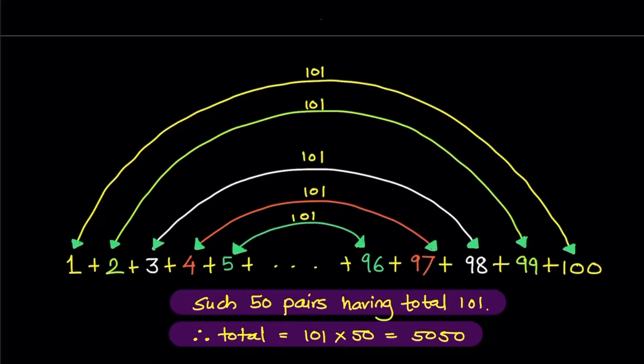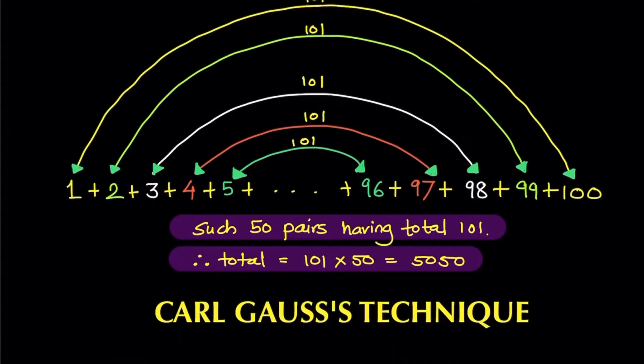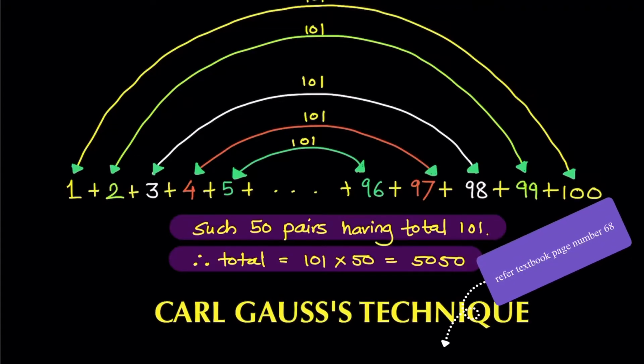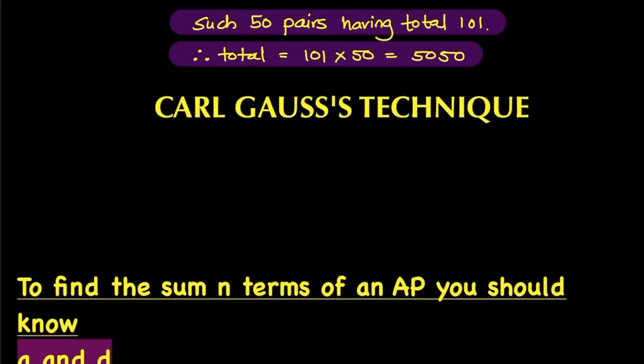Carl Gauss discovered this technique when he was in school. This is a very short technique to find the sum of n terms. This is given descriptively in your textbook, so you can read it.